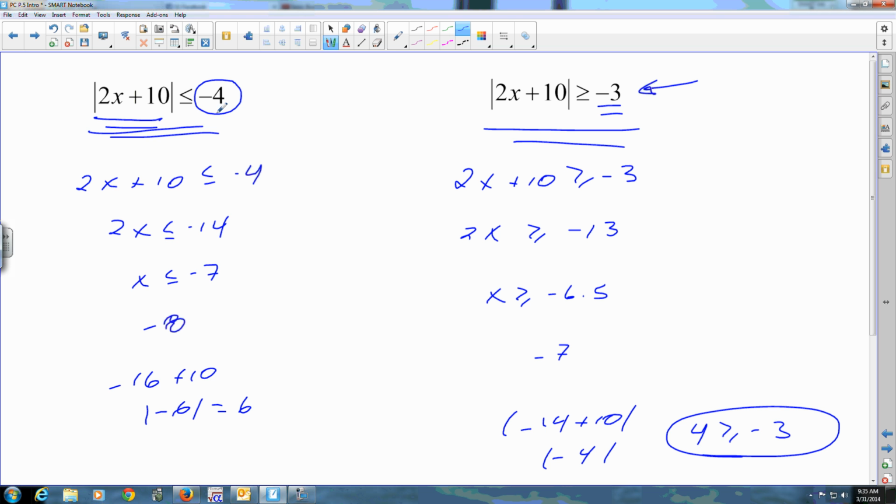So how do you know which one's going to work when you get to do your work, which one won't? I would personally say just remember, it says less than something negative, it's not going to work. Greater than something negative, the reason I'm balking at it is because the absolute value is always going to return you a positive answer. Okay, I'm not saying that the number that you're filling in here has to be positive.